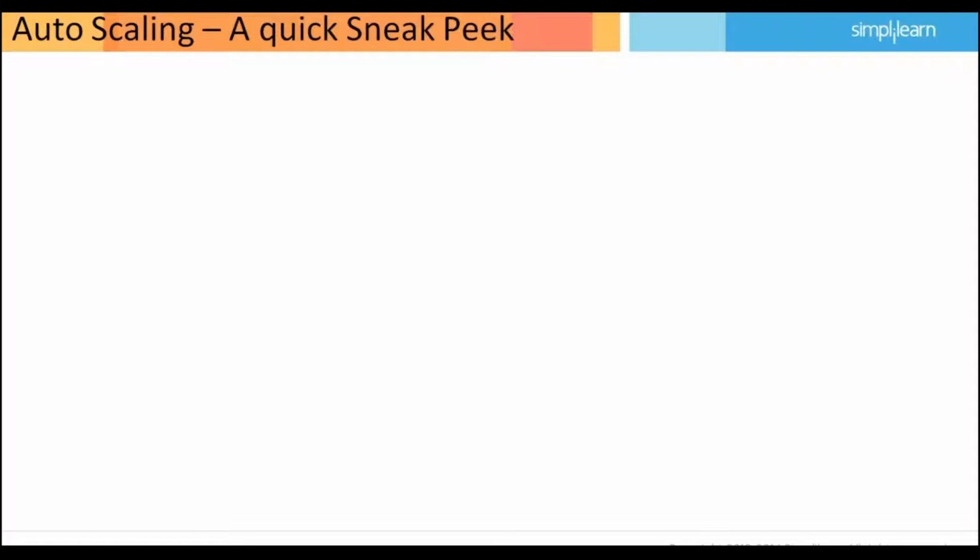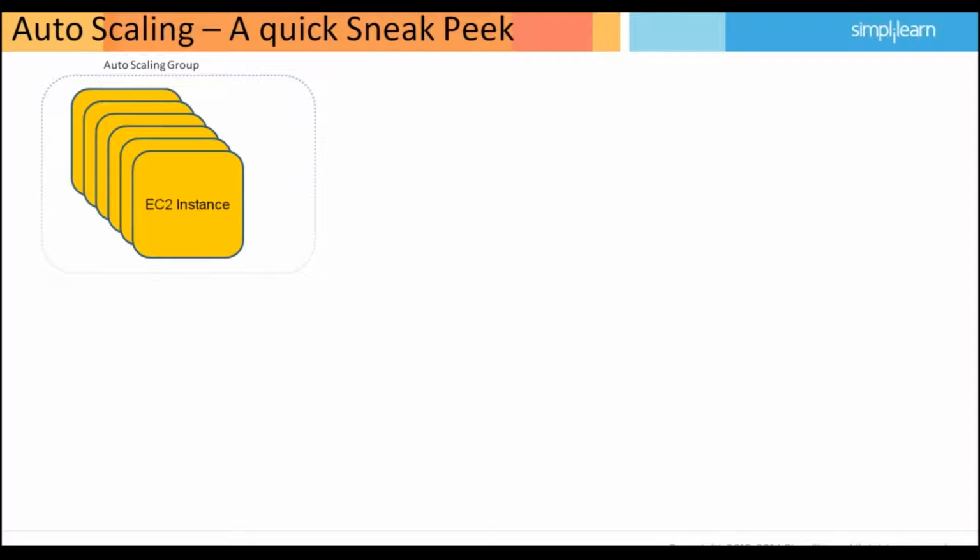So I'm going to show you a quick sneak peek of how auto scaling works. This is just to give you an idea of how this would work, and we're going to go into detail later. So you have EC2 instances, which is a group of servers, and you call that an auto scaling group, which pushes data to CloudWatch, which is a monitoring service.